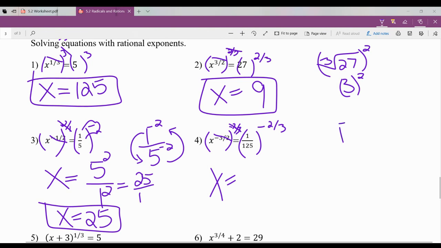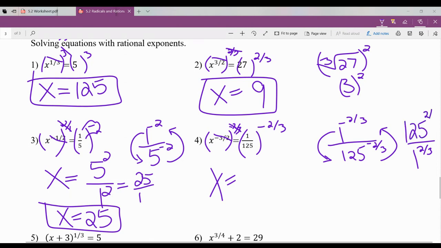So 1 to the negative 2/3 over 125 to the negative 2/3. Now I'm going to relocate so that they become positive. So it's going to be 1 to the positive 2/3, 125 to the positive 2/3.